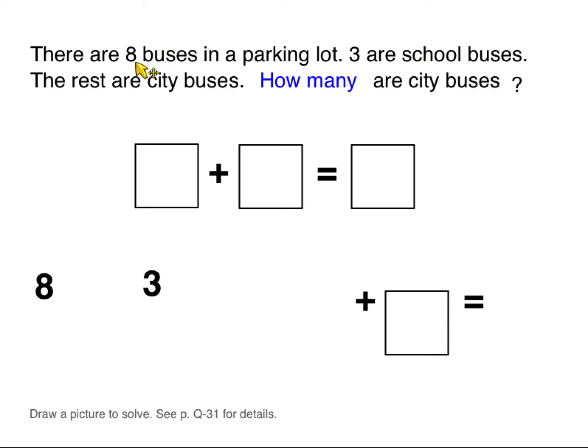So we have 8 in total. 3 are school buses. How many are city buses? Grab the 3, count to 8. 3, 4, 5, 6, 7, 8. Hope you got 5.